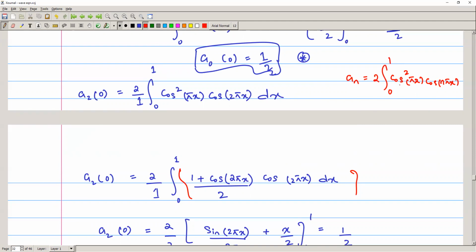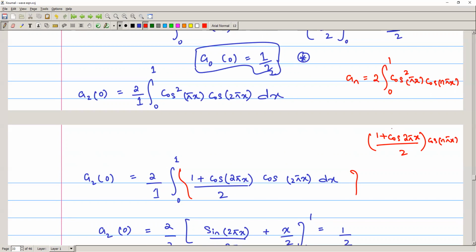This is cosine squared pi x, which means 1 plus cosine 2 pi x over 2, right? And cosine n pi x.